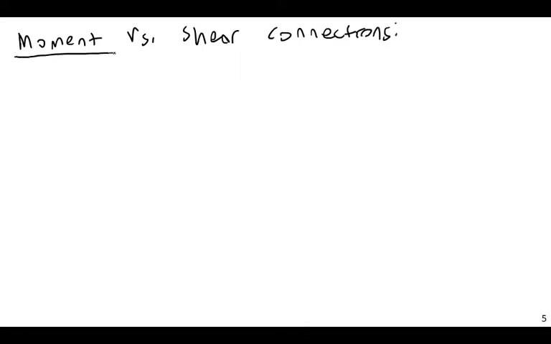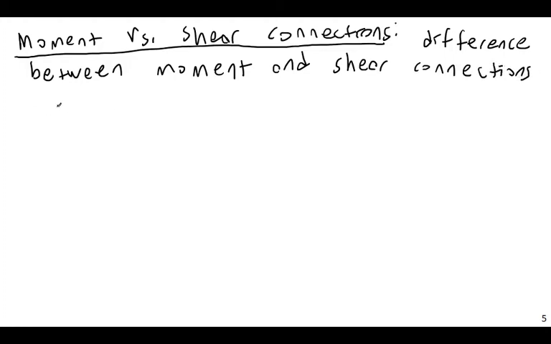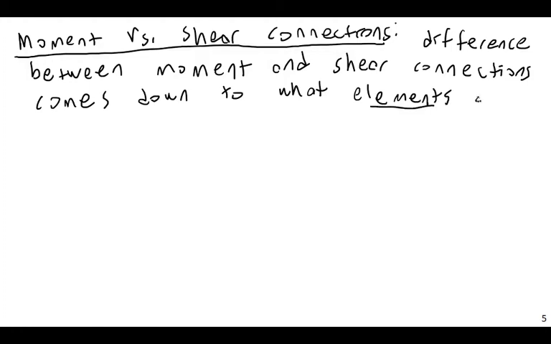So the difference between moment and shear connections ultimately comes down to what elements of a cross-section are fully engaged or connected.